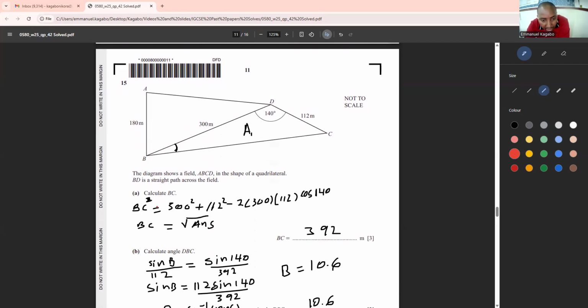The diagram shows a field ABCD in the shape of a quadrilateral. BD is a straight path across the field. Calculate BC.